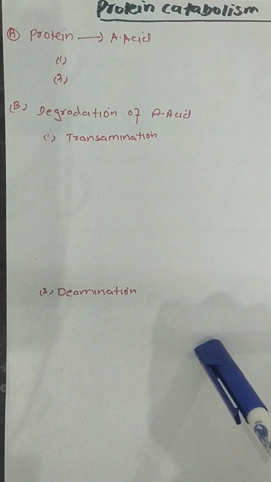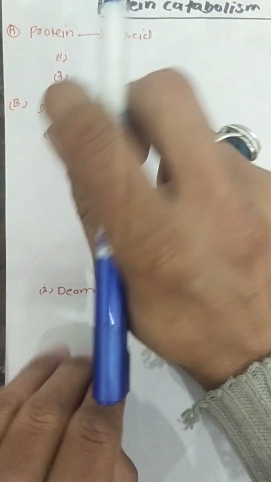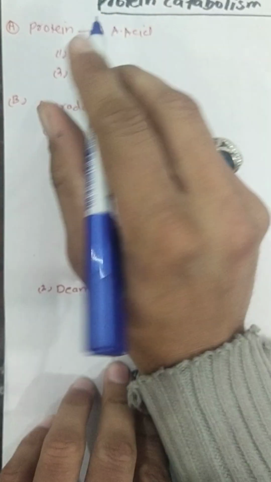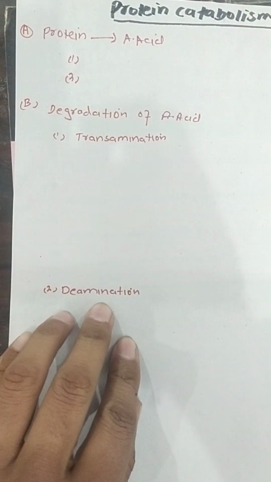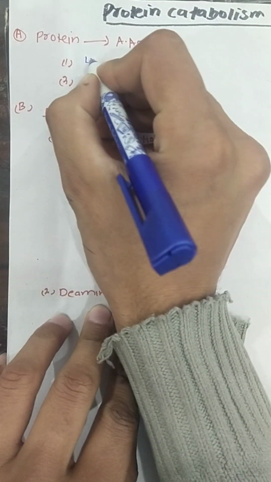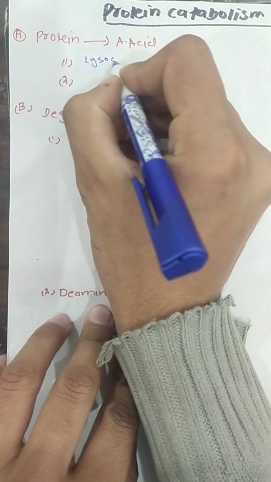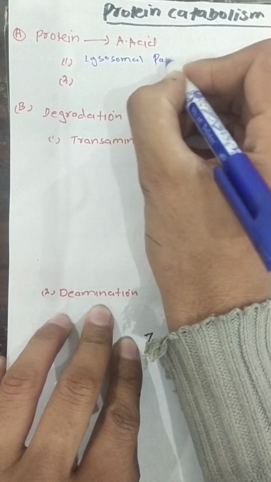First, in the degradation of proteins, we should know that there are two methods by which we can degrade proteins. The first method is called the lysosomal pathway.